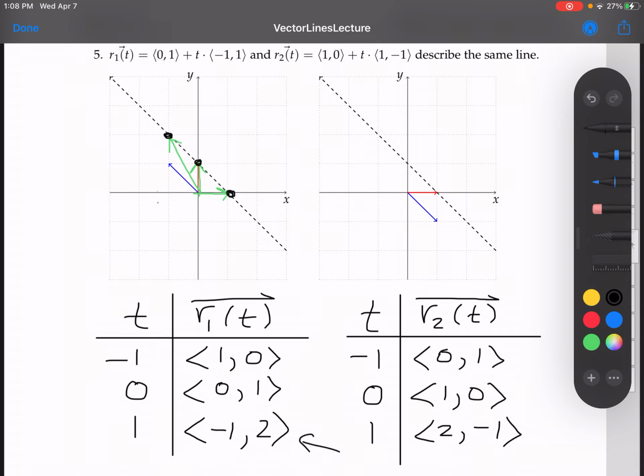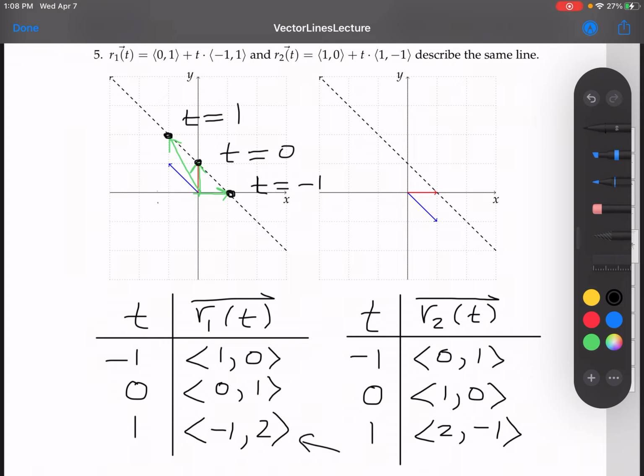So t equals negative 1 gives us that point, t equals 0 gives us that point, and t equals 1 gives us that point.